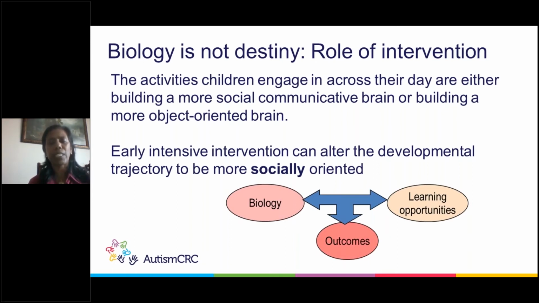Biology is not destiny. It's really the learning opportunities, through synapse dependent activity formation and those parts of the brain being activated time and again through interactions, through intervention, through matching, through modeling, and repetitively doing that, that we make those connections come alive. And so everyday activities that children engage in across their day are building a more social communicative brain or a more object-oriented brain.